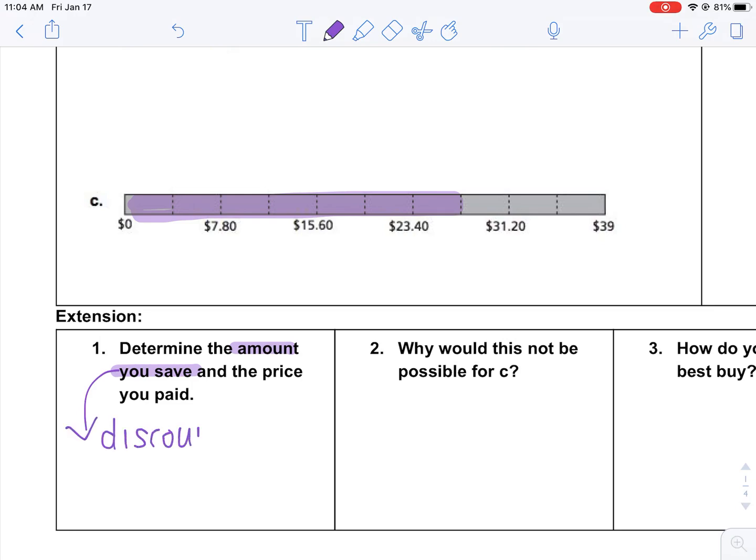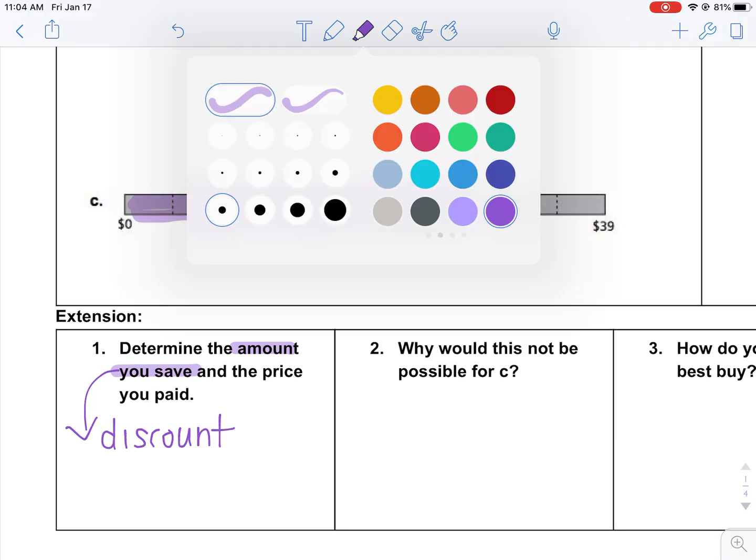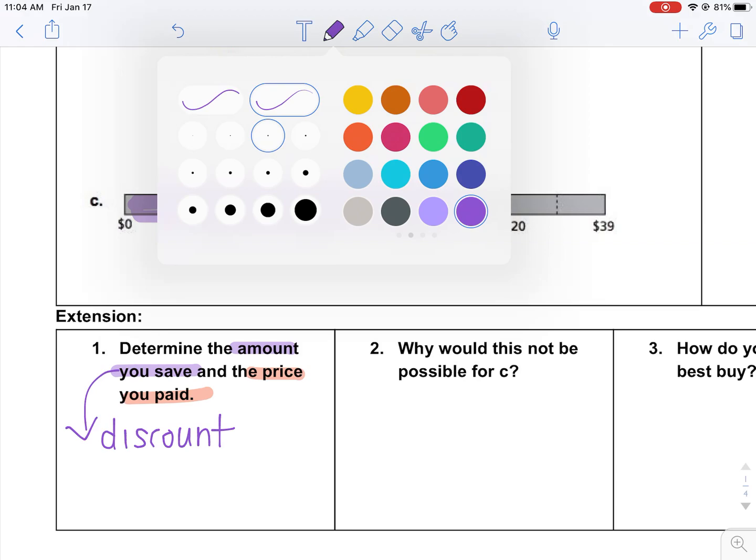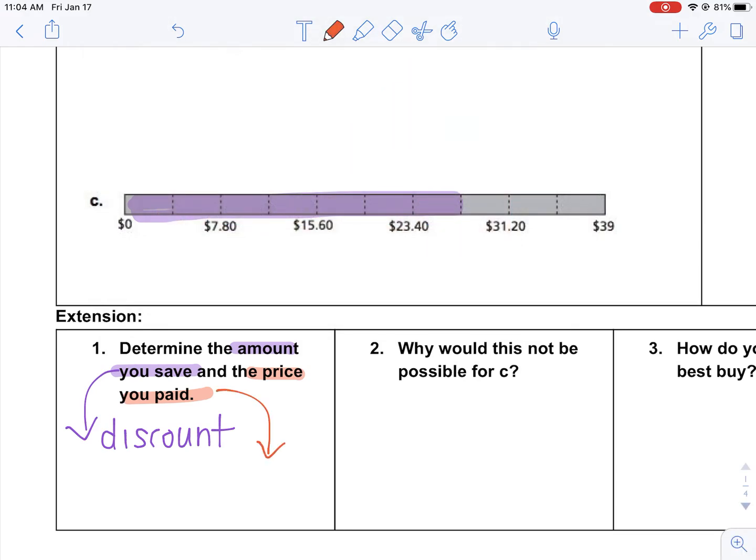And we have that in all the problems above. The price you pay is the original minus the discount. And we have those all highlighted up above, so I'm not going to have you rewrite those.